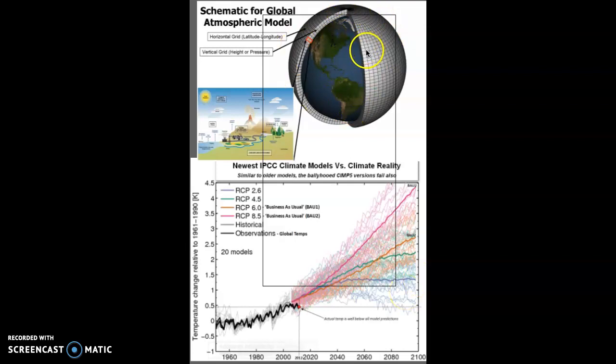So the detailed way that energy flows between grids is different in these different models, and that therefore they give different results. That's why you see quite a bit of variation in the blue, quite a bit of variation in the orange and the green, and then in the red. So different models will show different amounts of warming based on these CO2 levels.